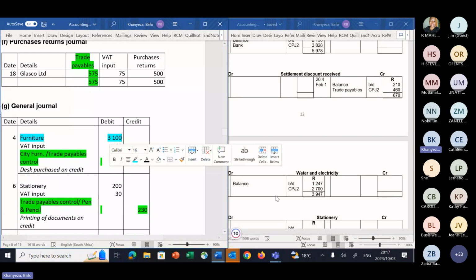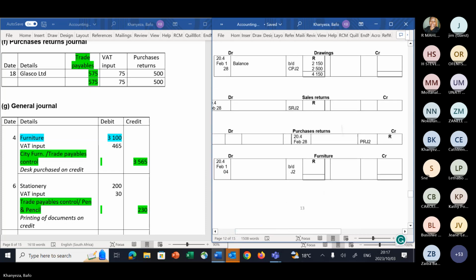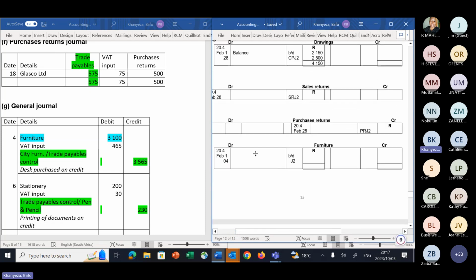Where is my account for furniture? So we've got furniture for 3,100. Let's start with the balance.